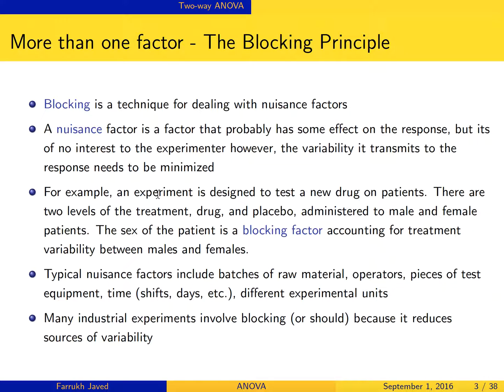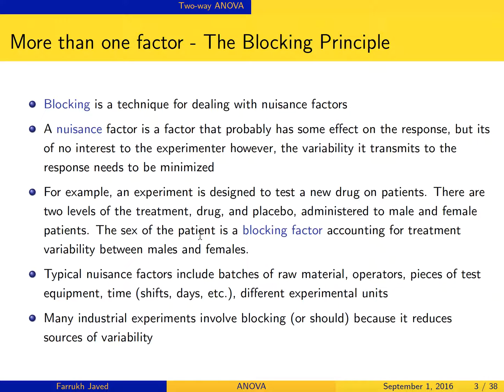For example, an experiment is designed to test a new drug on patients. There are two levels of treatment, drug and placebo, administered to male and female patients, right? Now here, sex is another factor, male and female.